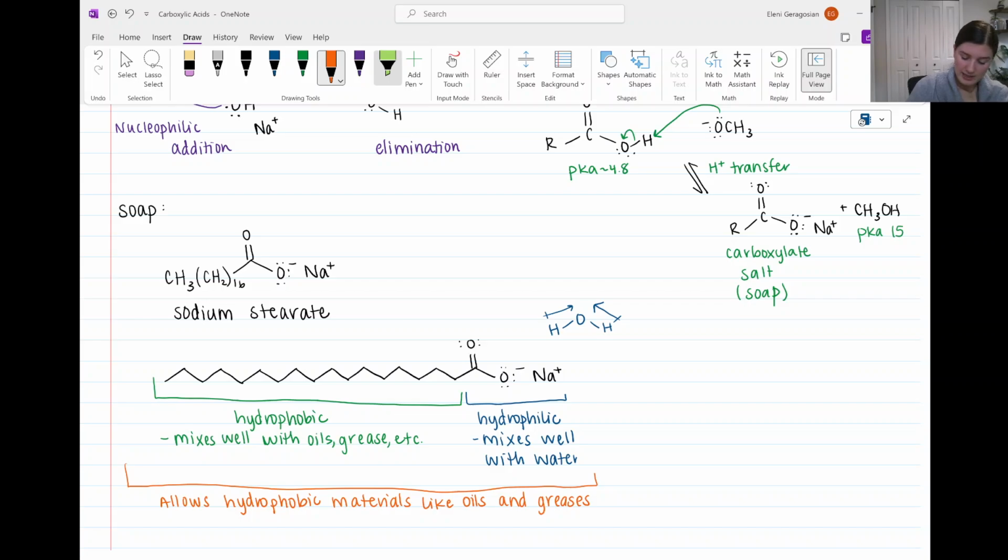And so if you imagine you're trying to clean a plate or clean yourself, if you have oily hair, you're washing your hair, the hydrophobic part of this carboxylate salt mixes with the oils, and then the hydrophilic part mixes with the water, so that allows the oils and greases to be washed away with water.